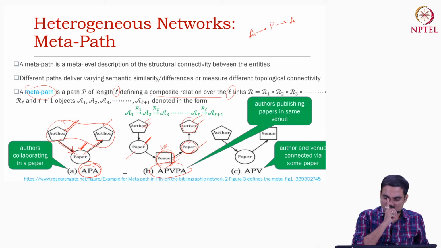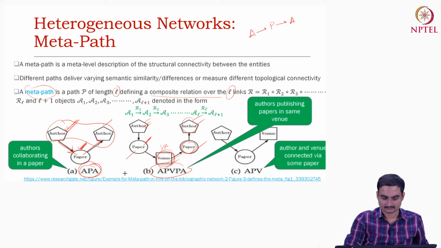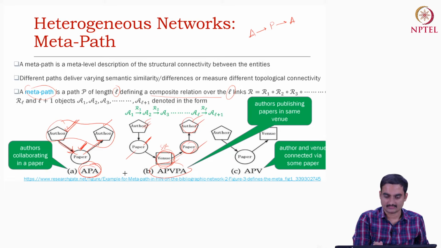Say there is a metapath of length 3 from A1 to A3, meaning there is a node type A2 and particular link types R1 and R2.